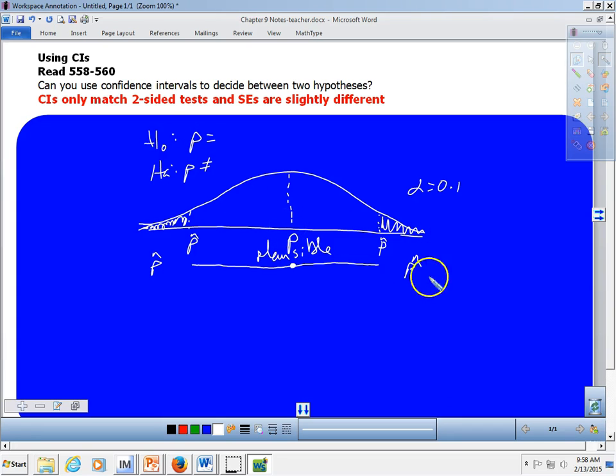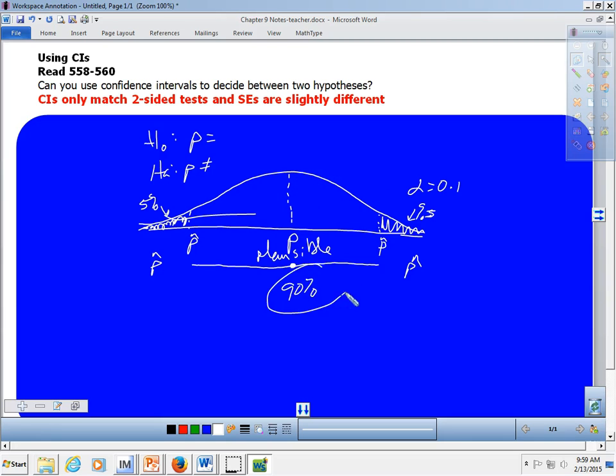So there's that link. Now, the additional link is if we're looking at an alpha of 10%, then our P value, when you combine this area and this area, would have to be 10% or lower. So we're talking about this area being 5%, this area being 5%. And so the confidence interval that would be linked to an alpha of 10% would be 90%, because that leaves 90% to be in the middle.